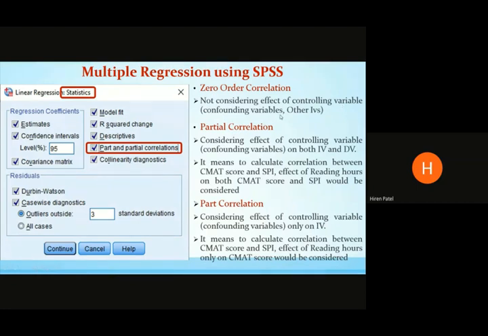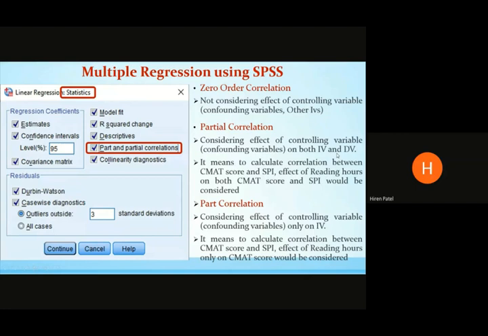We understood the confounding variable two slides before. Without considering those effects, whatever correlation we find, normally Pearson's correlation, is the zero order correlation.